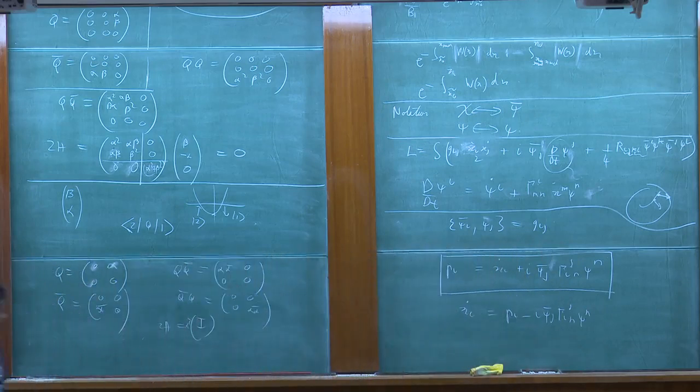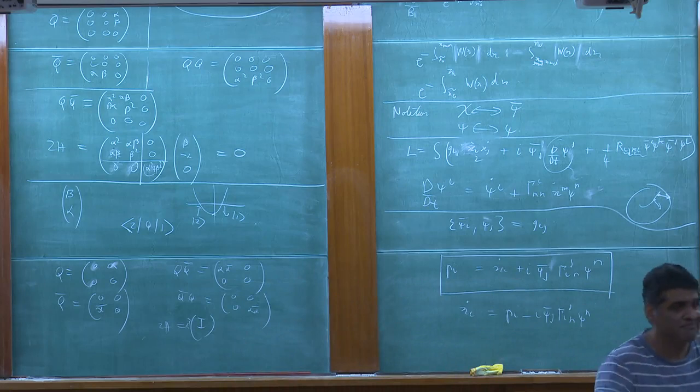Now we know in canonical formulation that pi is just del by del xi. But that's an ordinary derivative.